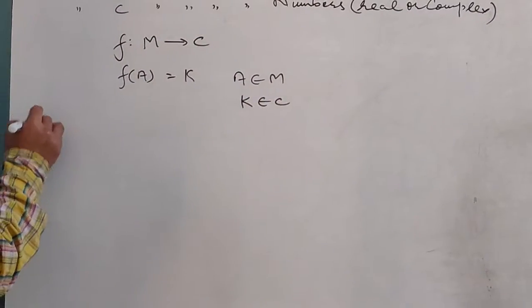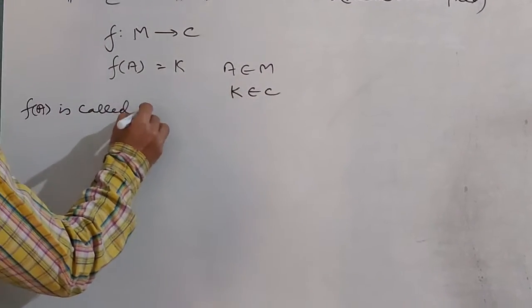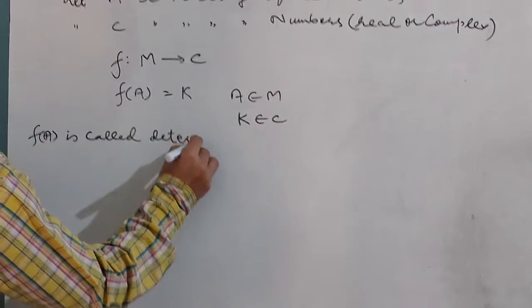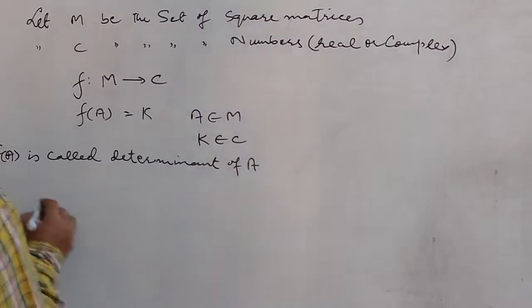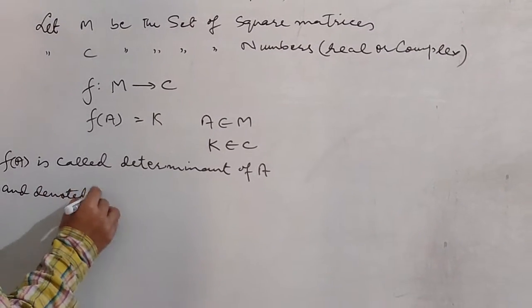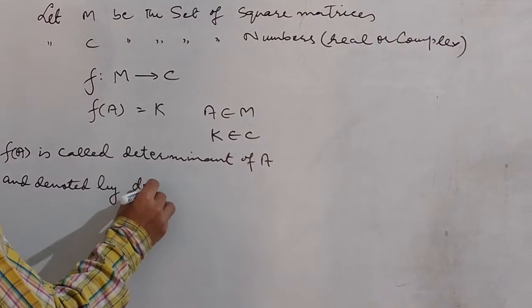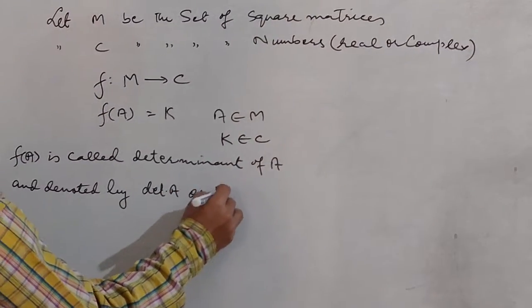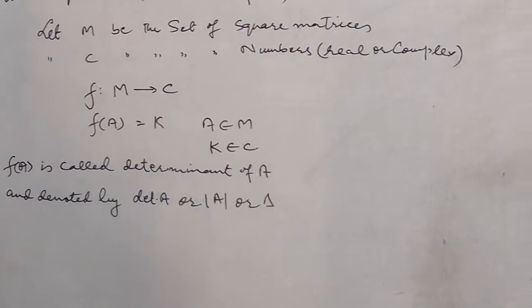So f of A is called the determinant of A, and denoted by determinant of A, or sometimes it is denoted by delta.